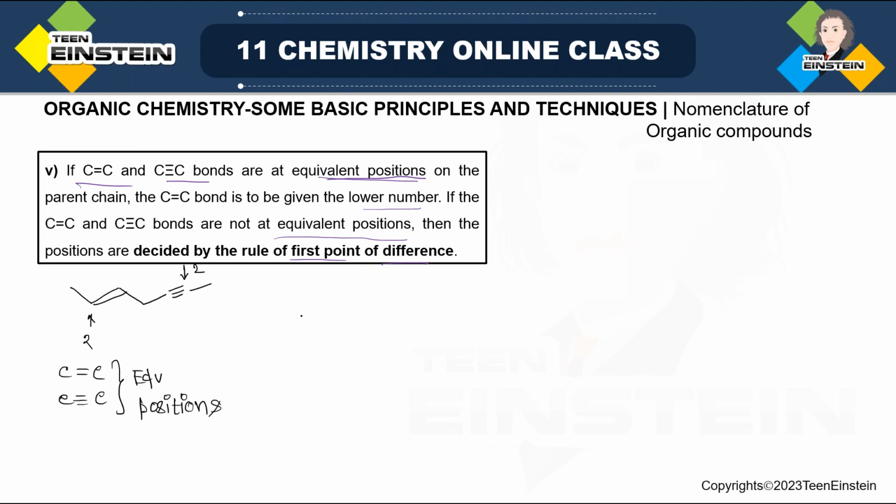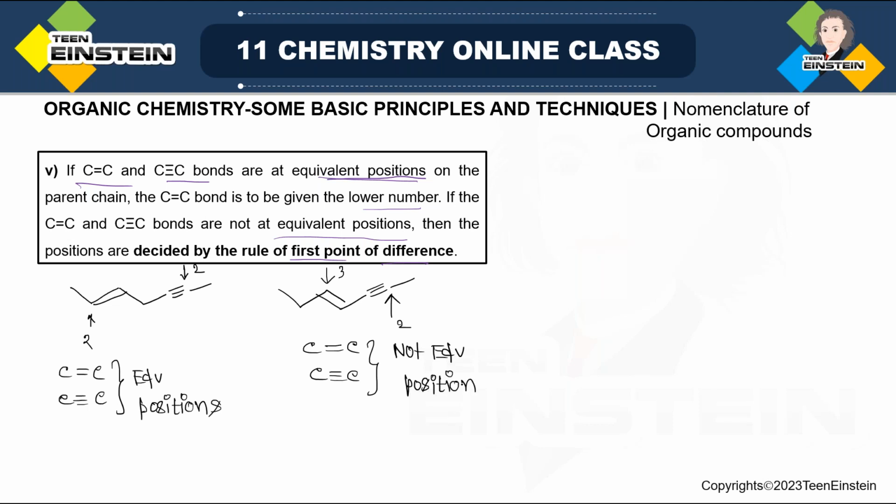But suppose I draw another molecule. Now in this case, look at the position of the double bond when moving from the left hand side. It is 3. But when moving from the right hand side, the triple bond is getting position 2. That means now they are not at equivalent positions.